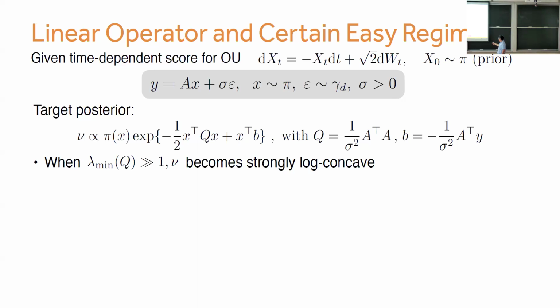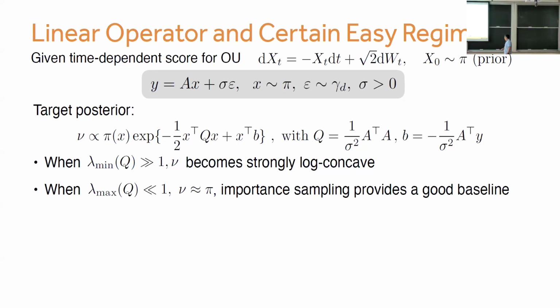That means the quadratic terms dominate the whole data distribution. So then you can think the posterior distribution mu becomes strongly log-concave. This just means your measurement noise is very small, you are very confident of your measurement, and the matrix A is full rank. So in this case, Langevin dynamics is sufficient to give you a fast sampling of the posterior.